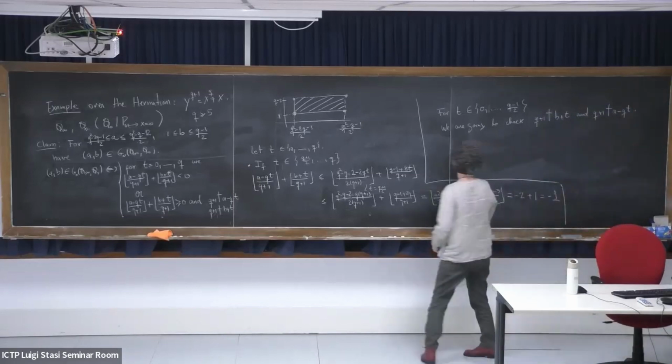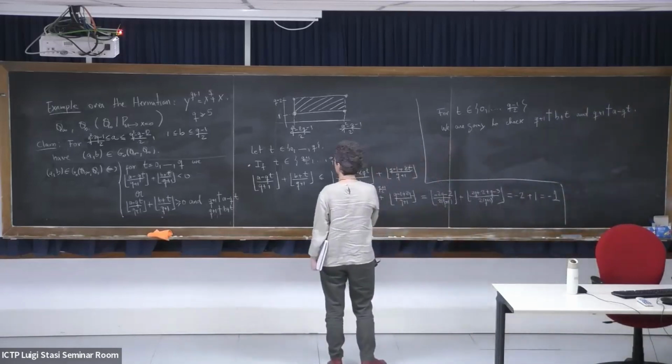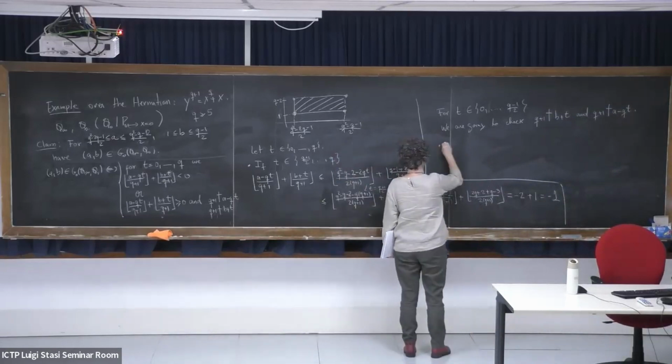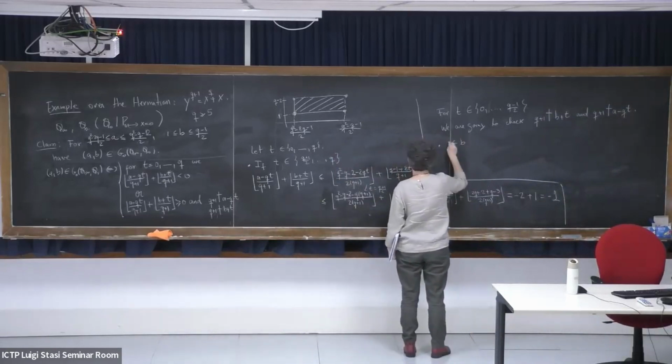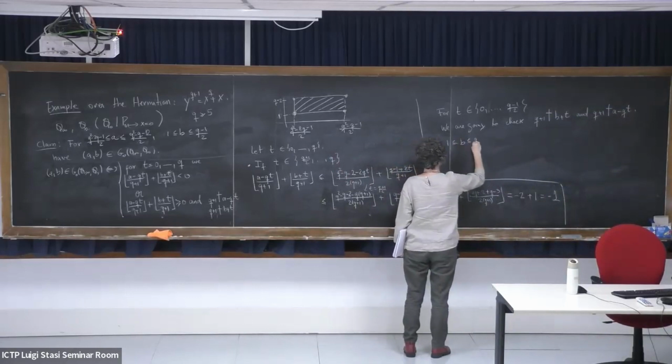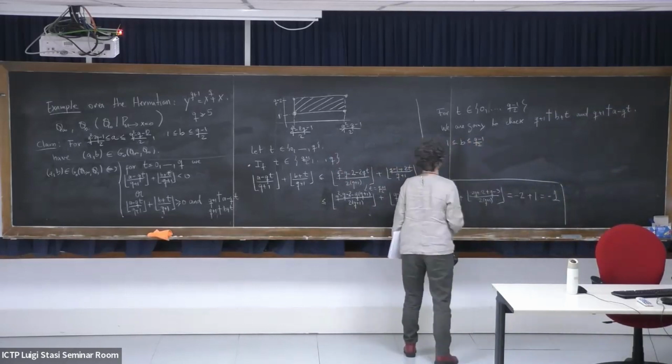For B, what we have? B is from 1 to Q minus 1 over 2.